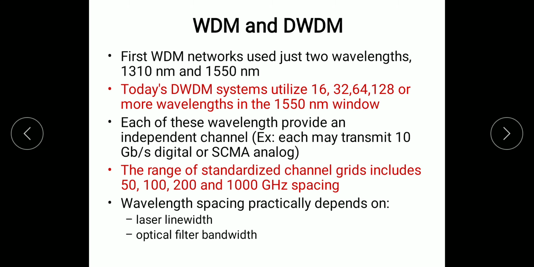Each of these wavelengths provides an independent channel. Each may transmit 10 gigabits per second in digital or SCM analog. The range includes 50, 100, 200 and 1000 gigahertz spacing. Wavelength spacing practically depends on laser bandwidth and optical filter bandwidth.